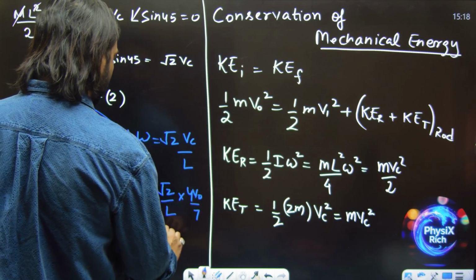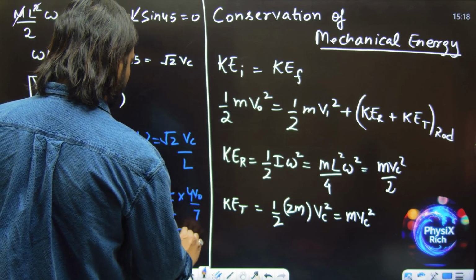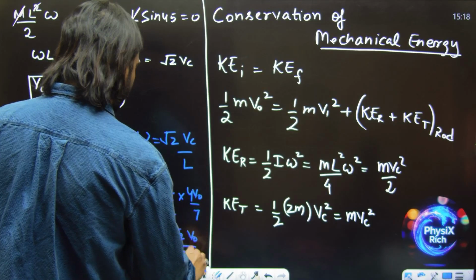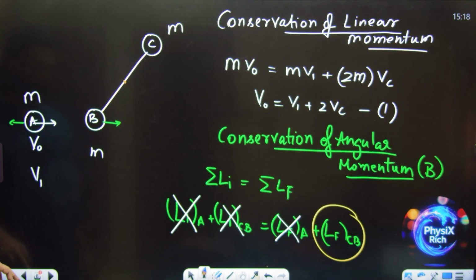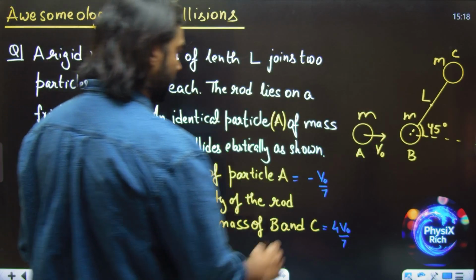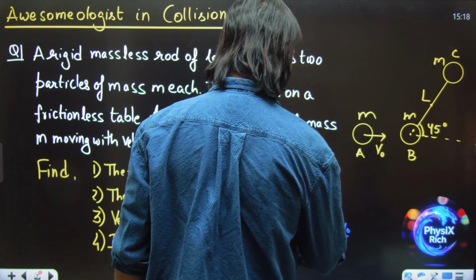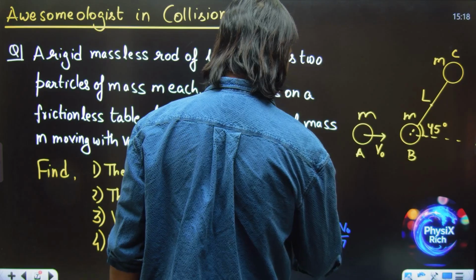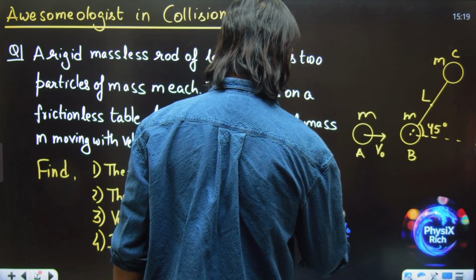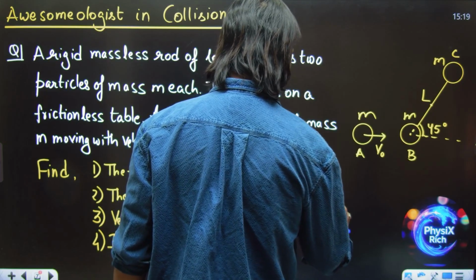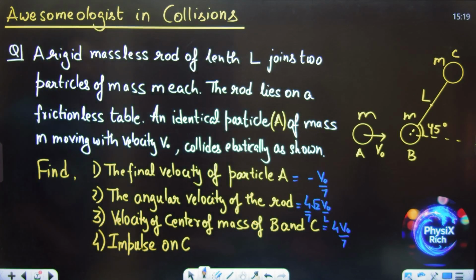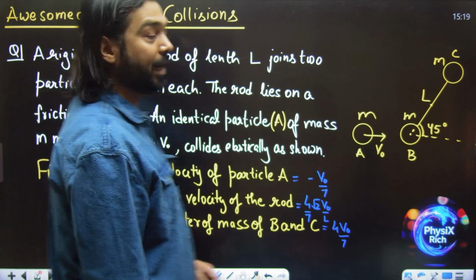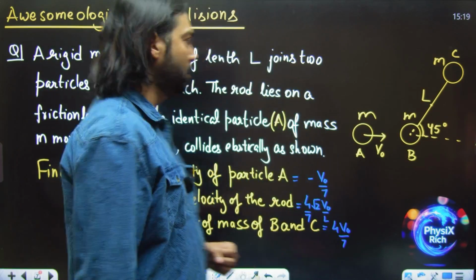So my omega is 4 root 2 V naught by 7 L. Okay, so let's put that in the answers. So this is also something that I found out, which is 4 by 7 root 2 V naught by L. Now impulse on C is all that I need to find. All that I need to find is what is the impulse on C.